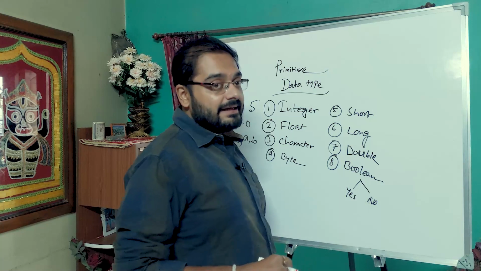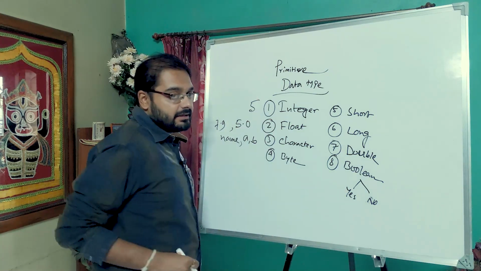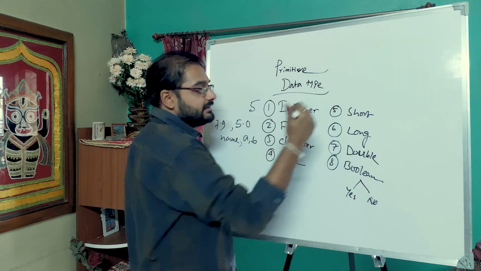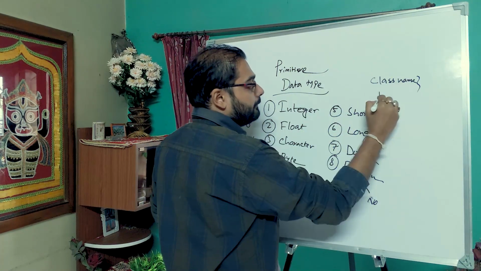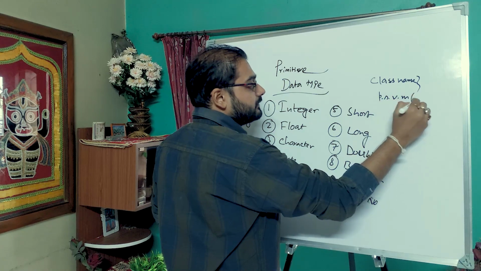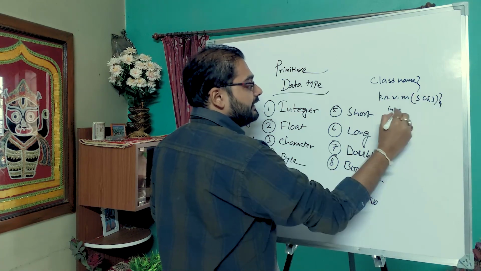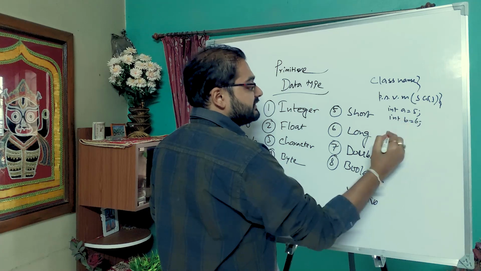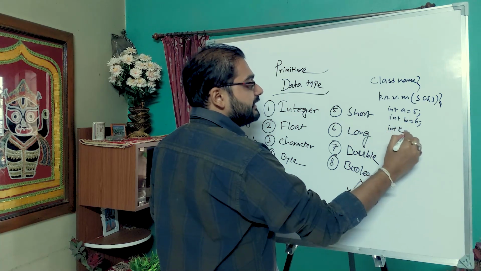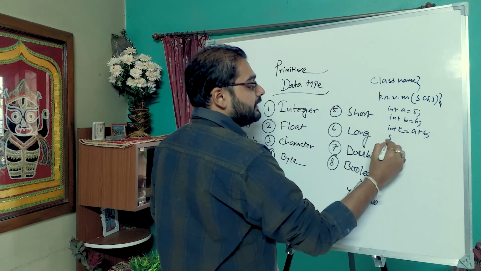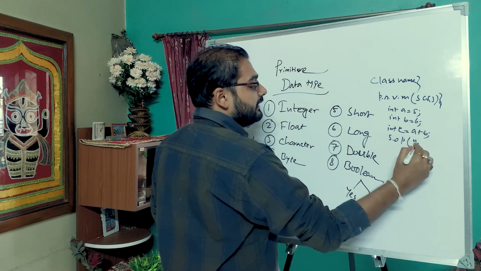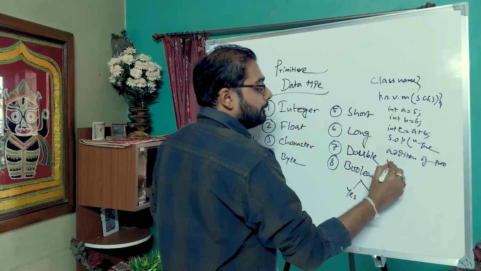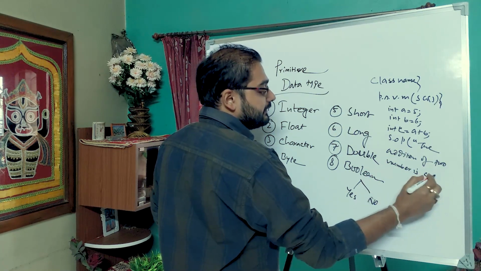Now an example using the primitive data type, a Java program based on the primitive data type. The class name, public static void main string args, int a is equal to 5, int b is equal to 6, int c is equal to a plus b, System.out.println, the addition of two numbers is c.